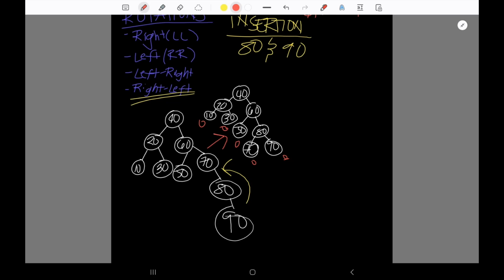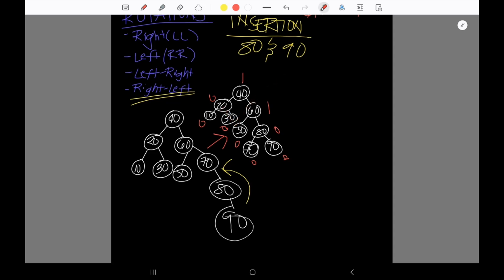We have 1 minus 1, we have 0. 2 minus 1, we have 1. 0. We have 3 minus 2, we have 1. So it is balanced.